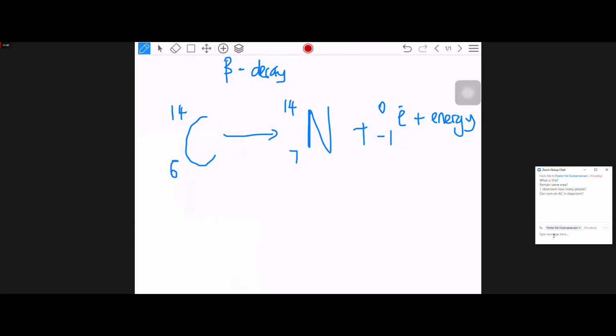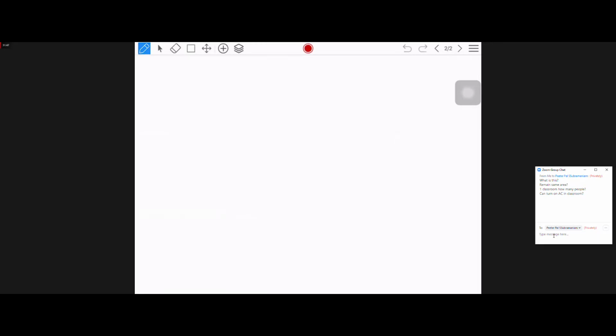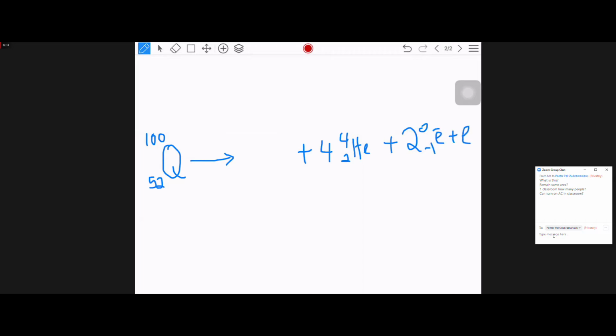Beta decay, right? Then let's say now, see here carefully, you have one element Q with a nucleon number of 100 and a proton number of 52. This element releases 2 alpha and 2 beta, and of course energy is released.